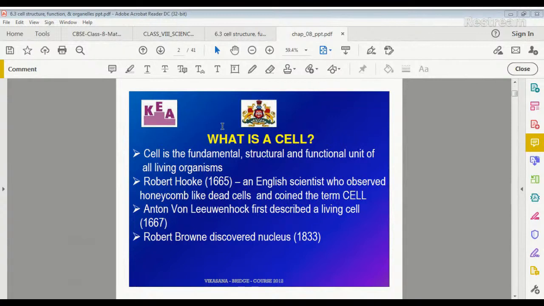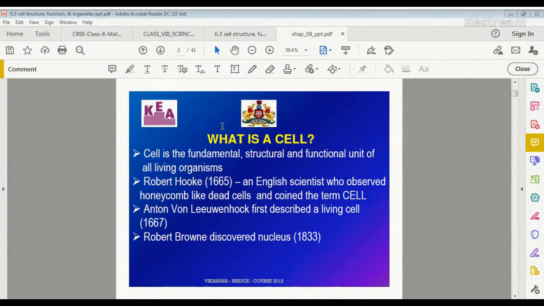Cells may be compared to bricks. Bricks are assembled to make buildings, and similarly cells are assembled to make the body of every organism.